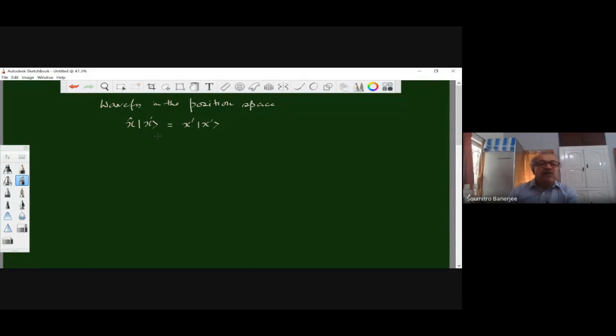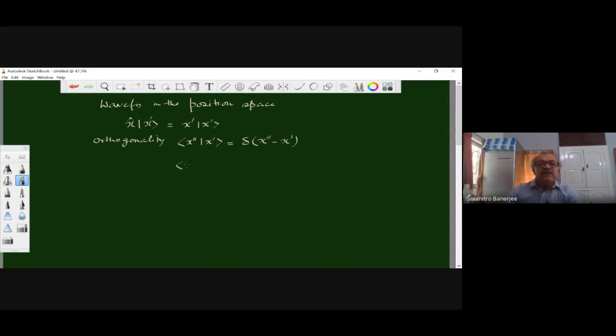And the orthogonality condition was that, let us say, x double dash with x dash, this will be delta of x double dash minus x dash. And this will not be so.